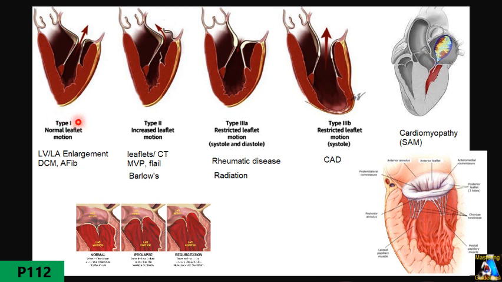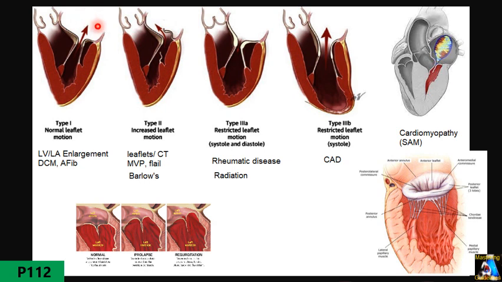When the left ventricle enlarges, the ring expands, but the leaflets don't elongate or expand. So they cannot reach each other, and we can expect to have MR, with different grades depending on severity.